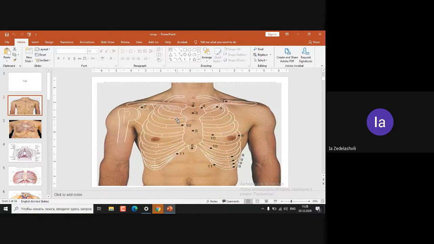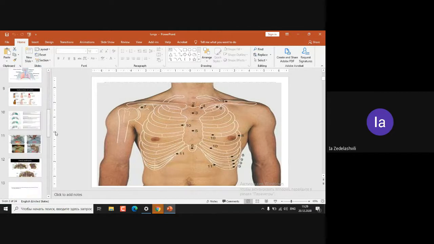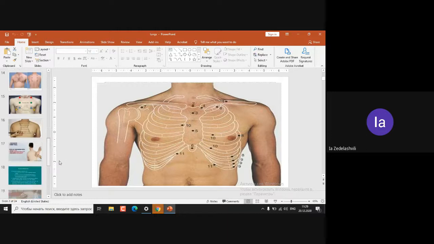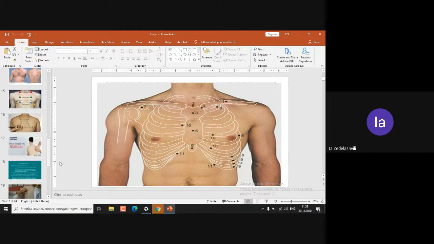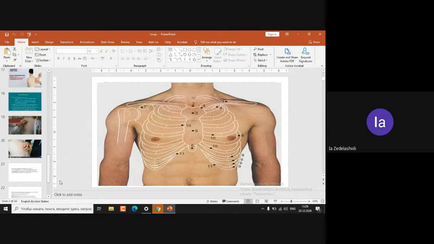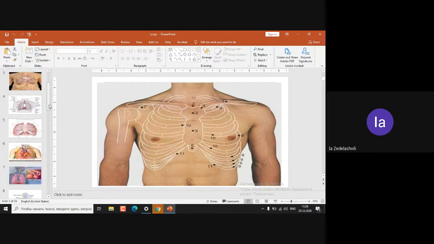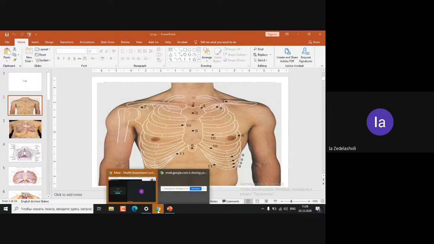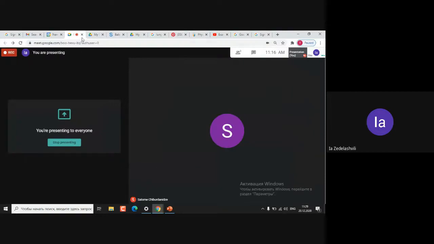When you press your hand, if I had a picture here, I would show you. When you press your fingers, no, I haven't, but I have a lot of interesting portions here. So when you press your hands on the thoracic part, you find out if something specific happens here.